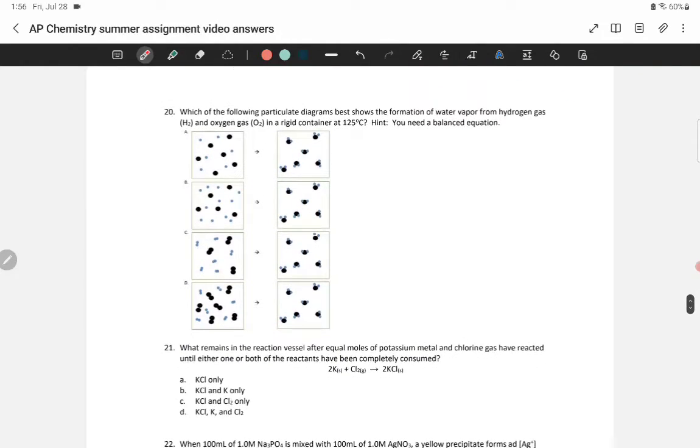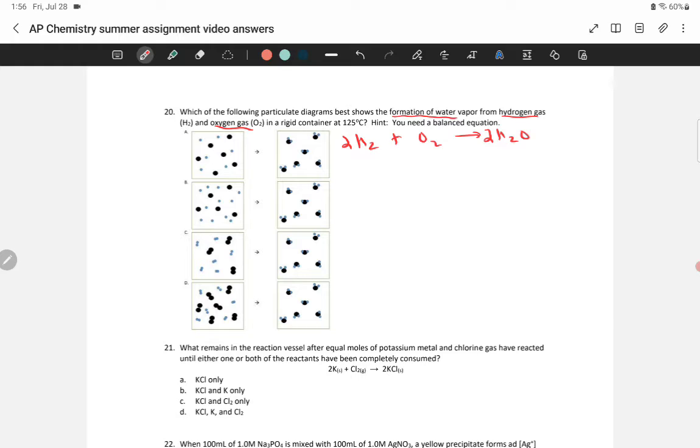20. We have the formation of water from hydrogen and oxygen gases. And we need to balance this. So we need to look at these 4 answers.